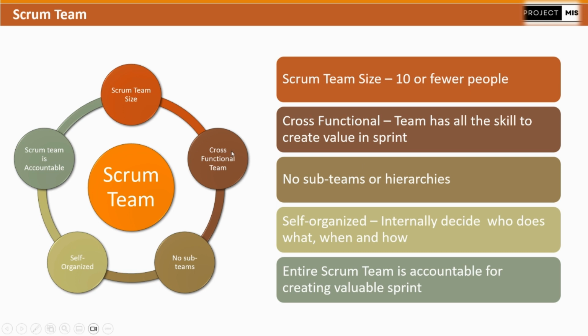Cross functional team. Cross functional team is about making sure that the team has all the skill set which is required for the development of the project. Let's assume we are working on a project, and in that particular project, for backend we need Java, for front end we need Angular, and for database we need Oracle as the technical stack.